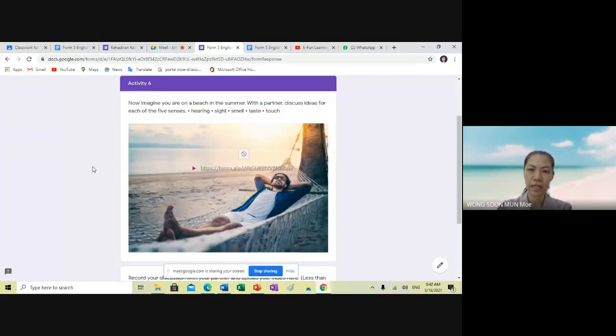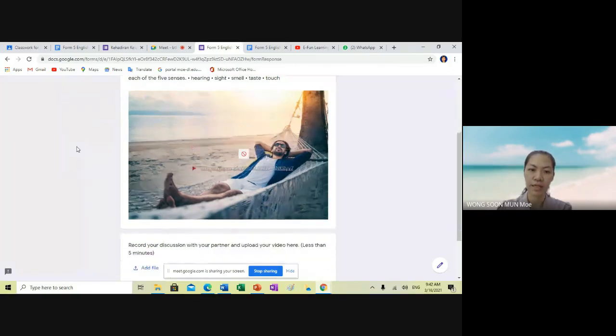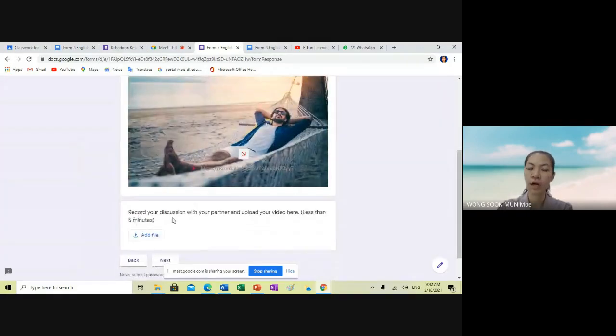With a partner, discuss ideas for each of the 5 senses: hearing, sight, smell, taste, and touch. For this task, you need to record your discussion with your partner and upload your video here. But not too long, less than 5 minutes. Maybe 1 or 2 minutes will do. Understand? You know how to do this?